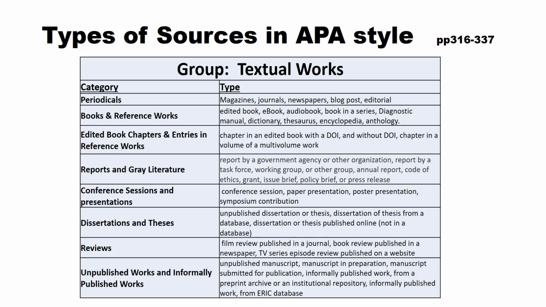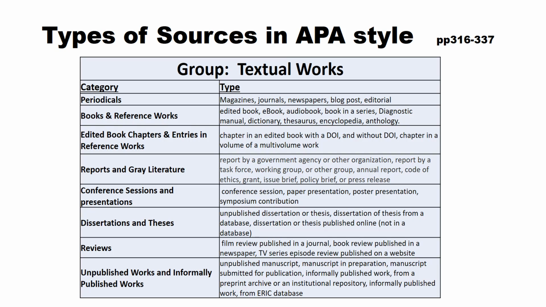The previous videos concentrated on the basics of how to do in-text citations and reference entries for books and journal articles. But what happens if you're trying to cite something besides a book or a journal article? Are there any differences to how you cite other resources? The APA Style Manual is your answer to this situation.